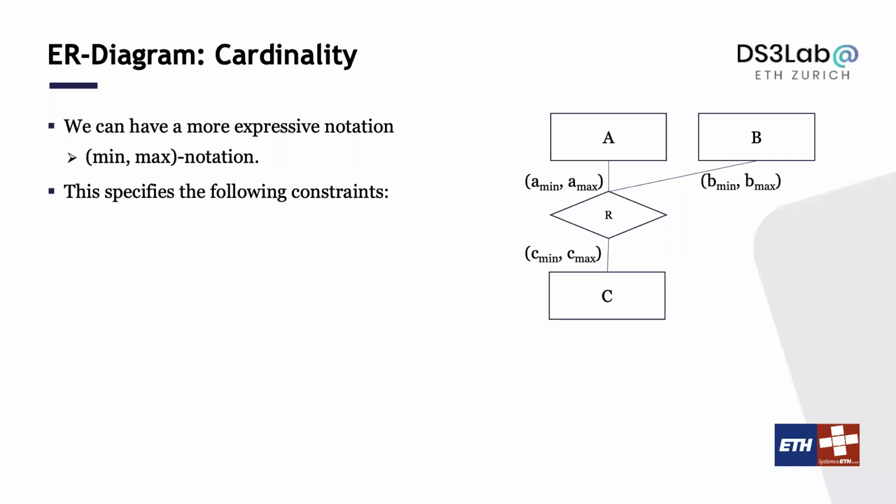You can go a little bit more formal. Essentially, if I have an ER diagram that looks like this, I'm introducing three logical constraints on what a valid database instance should satisfy.